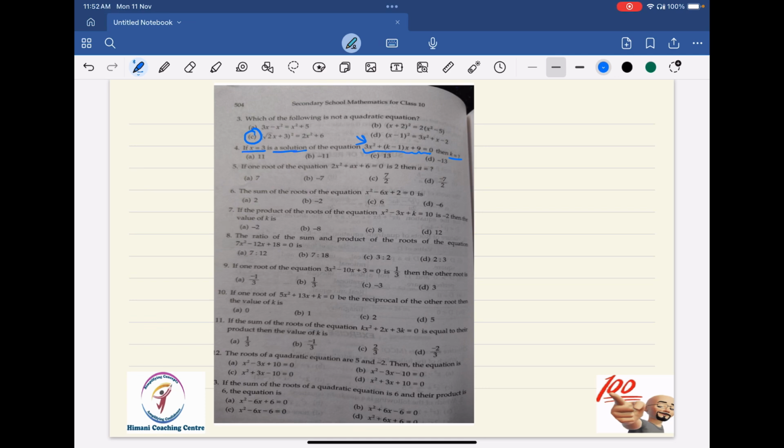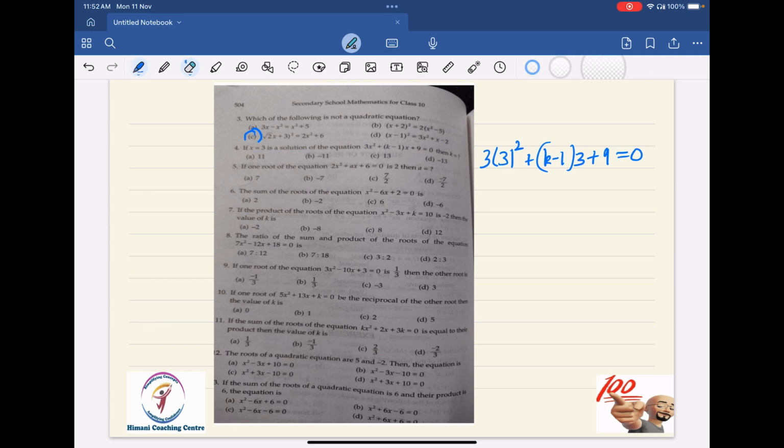So we simply put x as 3 in this equation. So 3 into 3 square plus k minus 1 times 3 plus 9 should be equal to 0 if x equals 3 is a solution, which is what is given here.